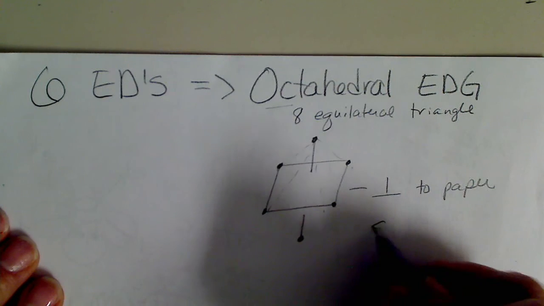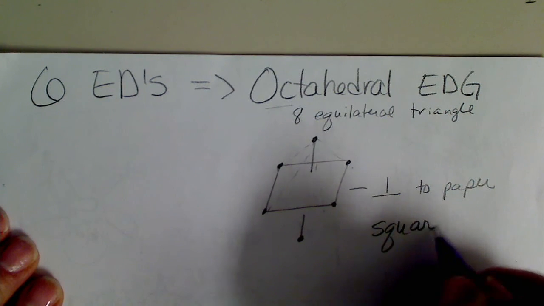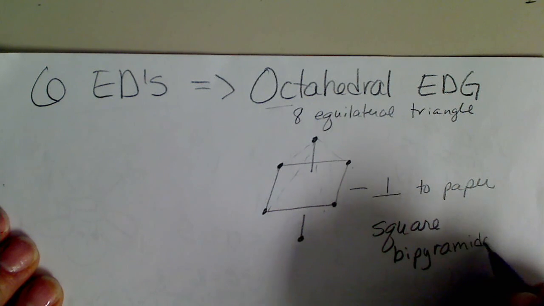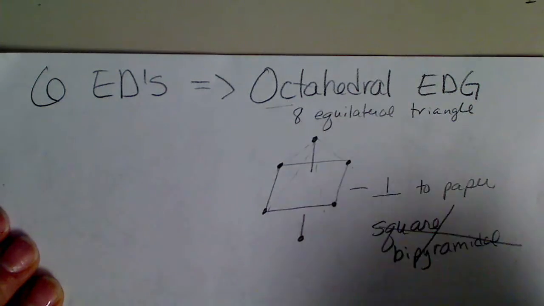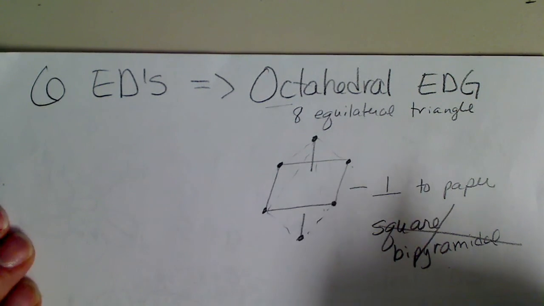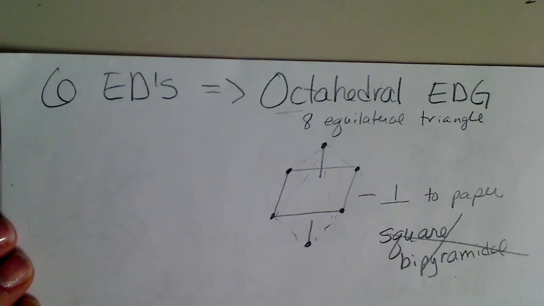So we could call this square bipyramidal, and it would be similar to the 5 electron domains. But we don't say square bipyramidal because we end up getting an octahedron, a nice geometrical shape.